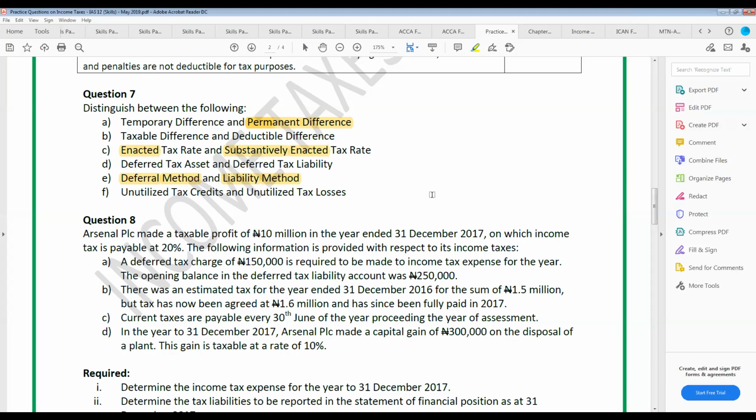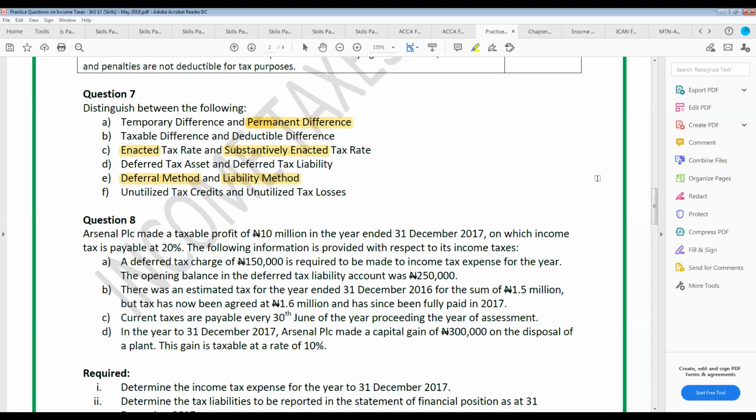So I would say the taxable difference is that I know that taxable differences result in deferred tax liabilities, and deductible taxable. No, I'm wrong.